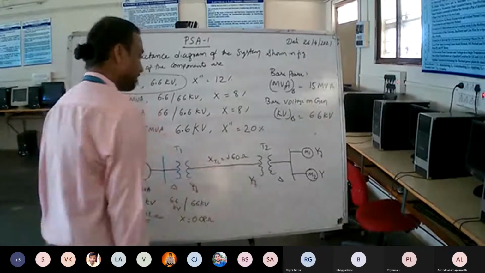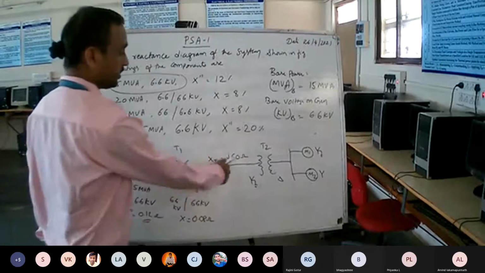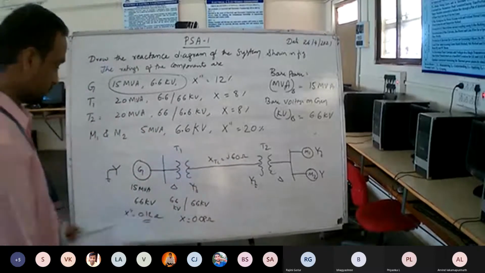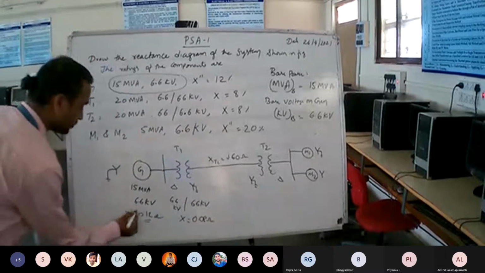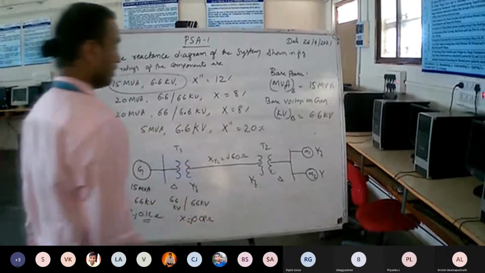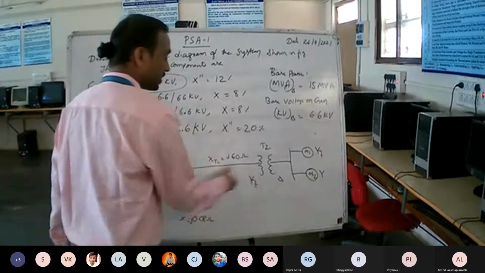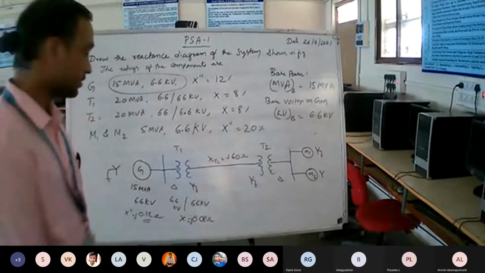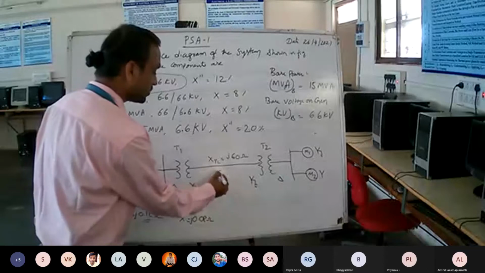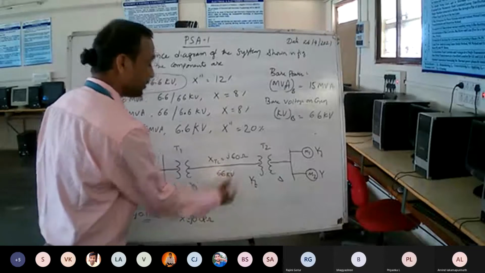The transmission line value is already given: XTL is equal to J60 ohm, so take it in terms of J. What is the voltage rating of the transmission line? The secondary side is 66, so this is also 66 kV.